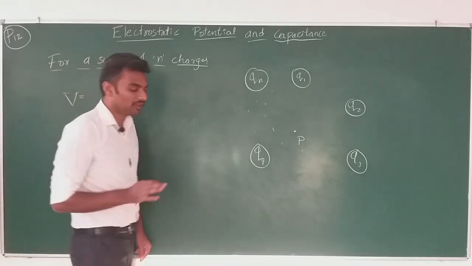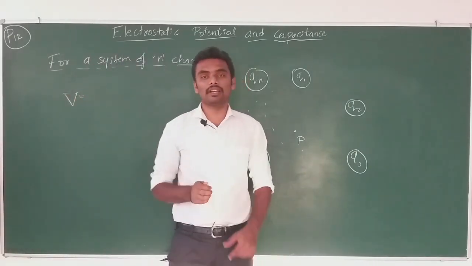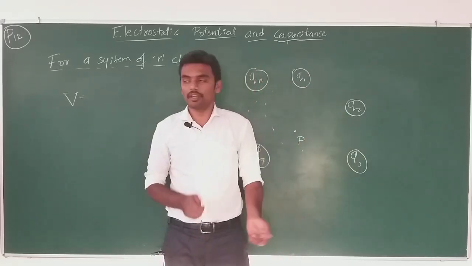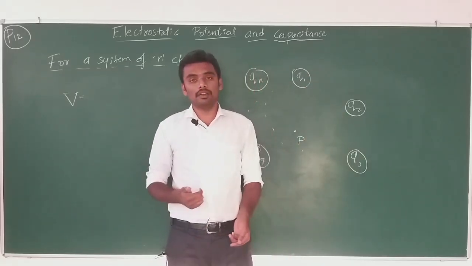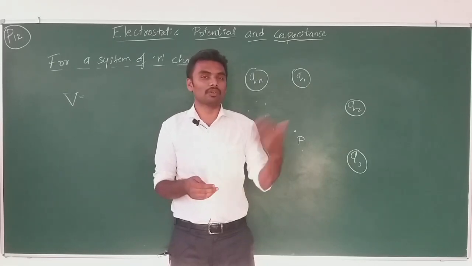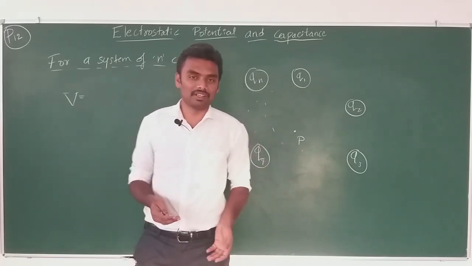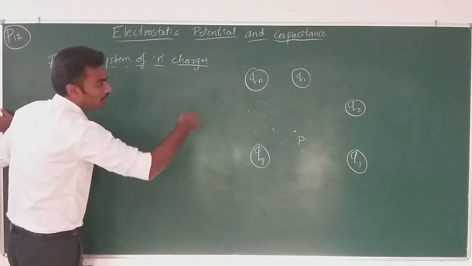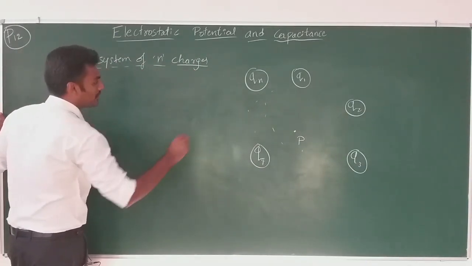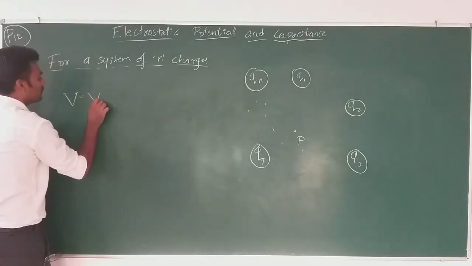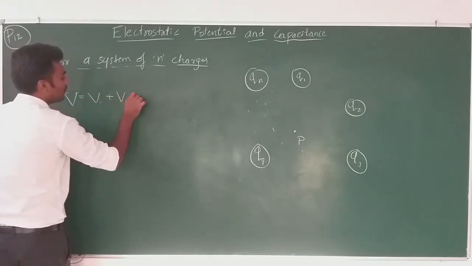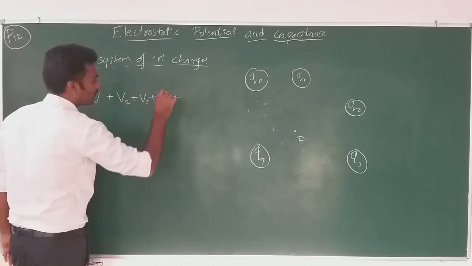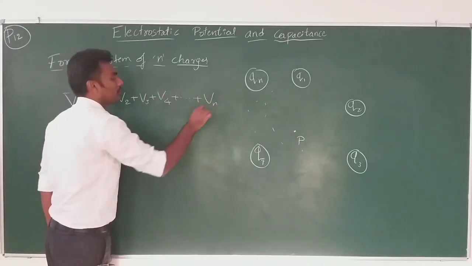Okay, because when we were discussing electric field, it was the vector sum of individual fields, right. But here potential is a scalar quantity. So, no need to go for vector addition and all. It is simply the sum of individual potentials due to individual charges. So, V is equal to V1 plus V2 plus V3 plus V4 plus so on plus Vn.